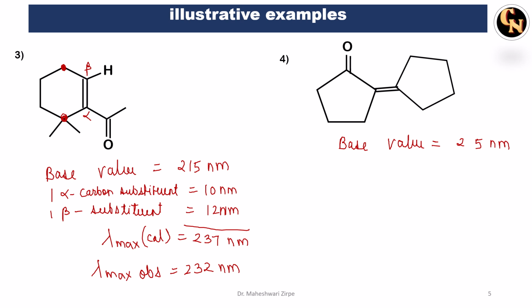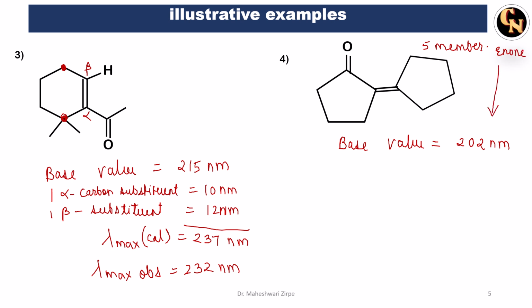For a 5-membered ring Enone system, our base value is 202. It is not 215. So here we are going to write 202 nanometers for the 5-membered Enone system. This is the base value.